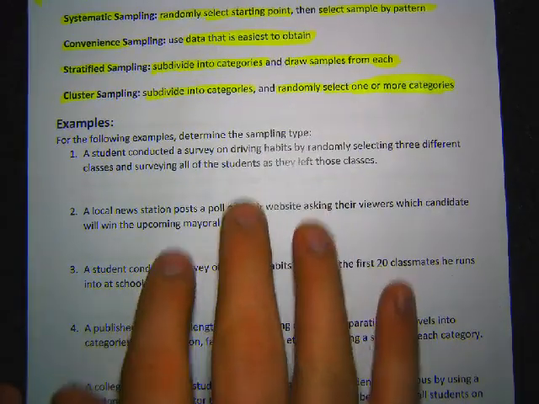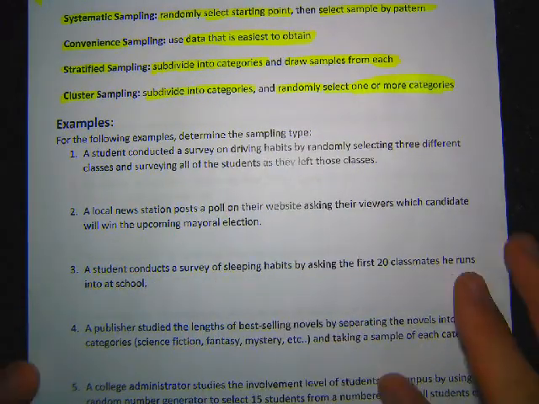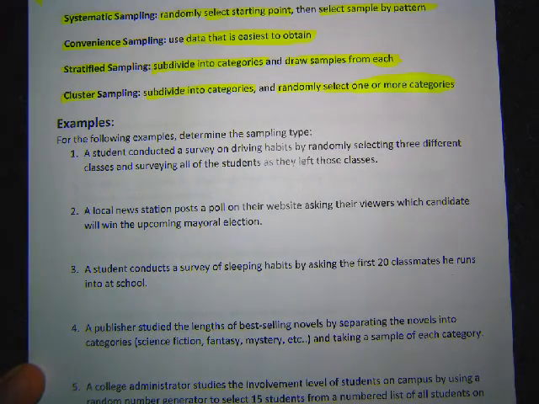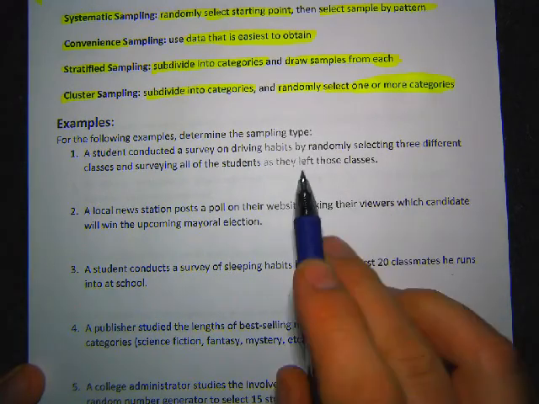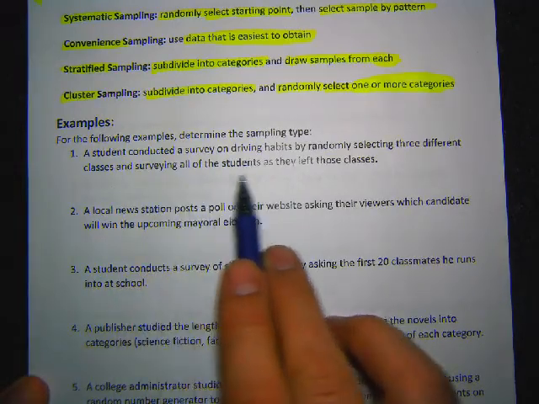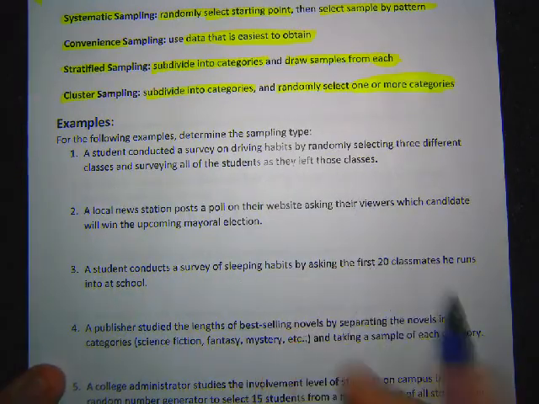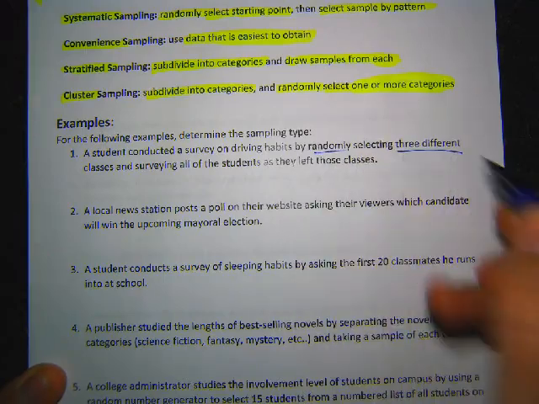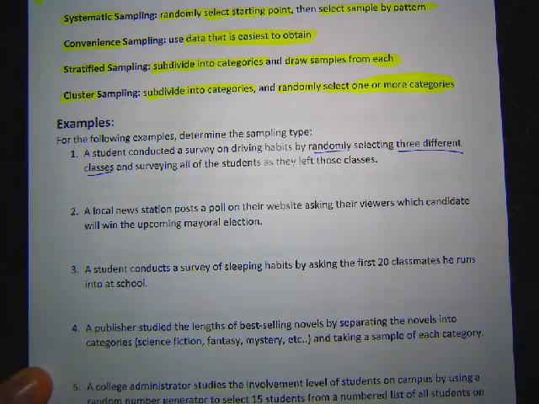Okay, let's identify some examples and what kind of method they're using. First off, a student conducted a survey on driving habits by randomly selecting 3 different classes, surveying all of the students as they left those classes. So they picked randomly 3 different classes. Well, this is going to be cluster.